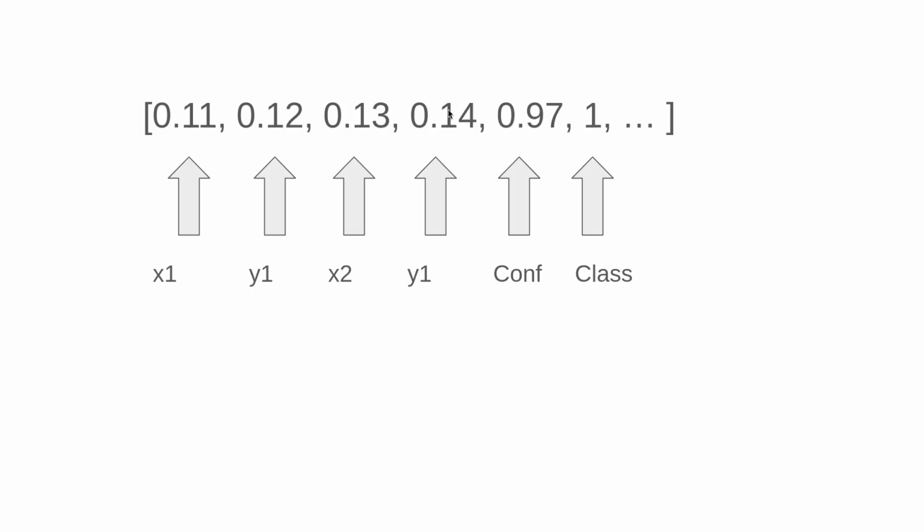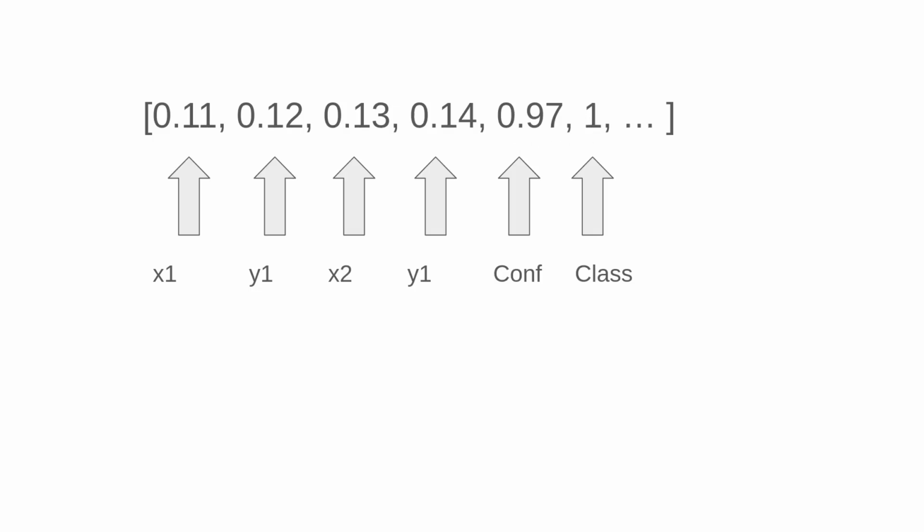So this is how the output tensor will look like. These are the first 6 elements of our output array. So the first 4 elements are going to be the coordinates of our detection, and the last two elements are going to be the confidence and the class ID respectively.